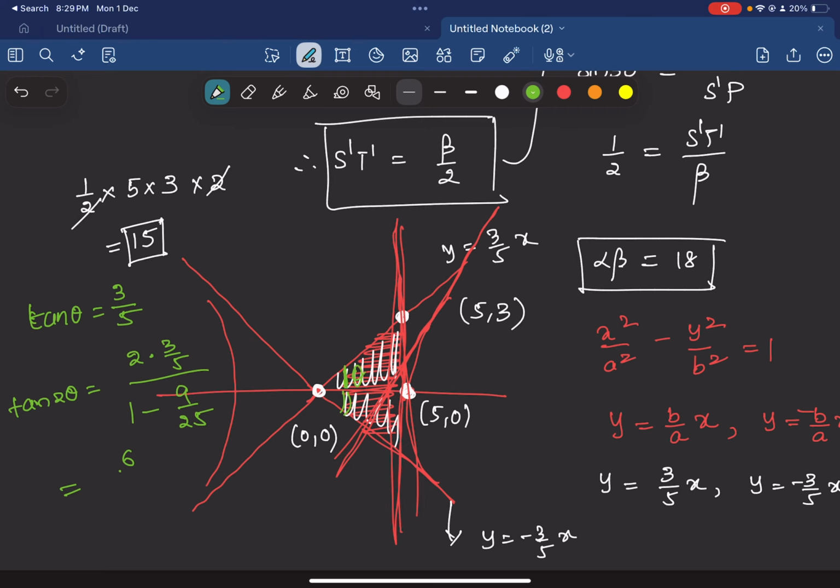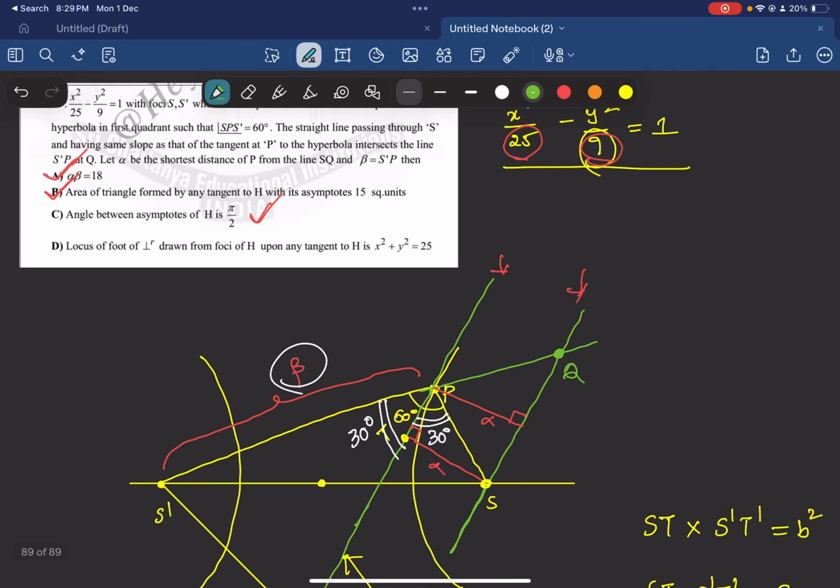That will give you 6 upon 5 multiplied by 25 upon 16, which is 30 upon 16. So this will be 15 upon 8. So 2 theta is tan inverse 15 upon 8. So this is wrong. These two asymptotes are not perpendicular to each other.